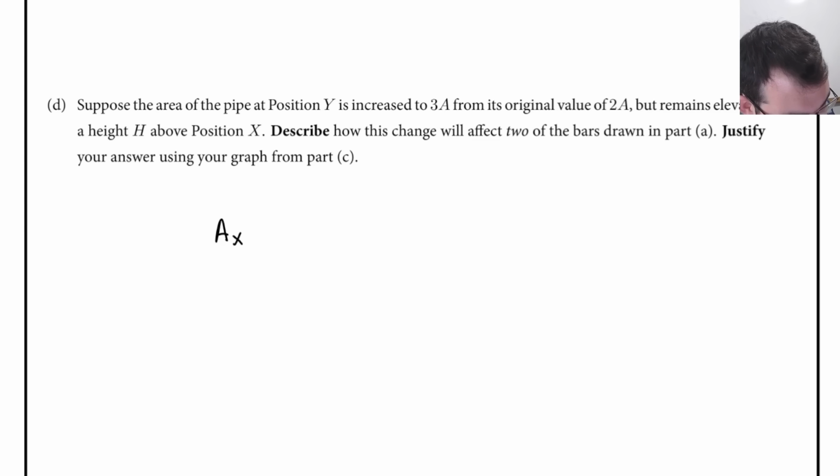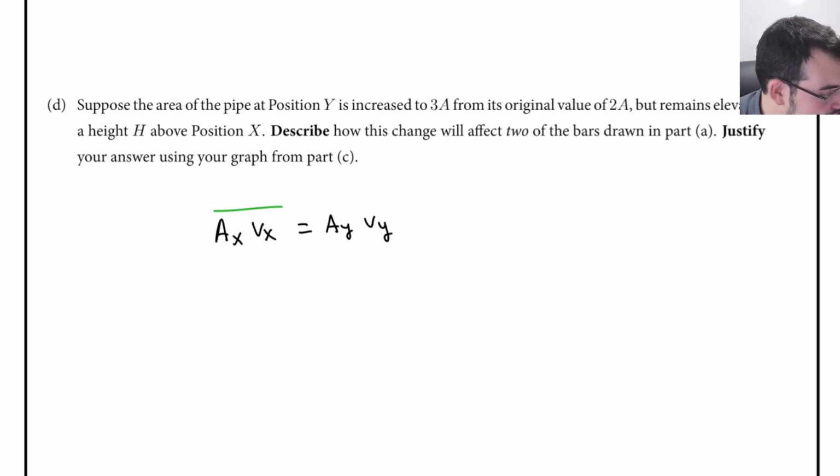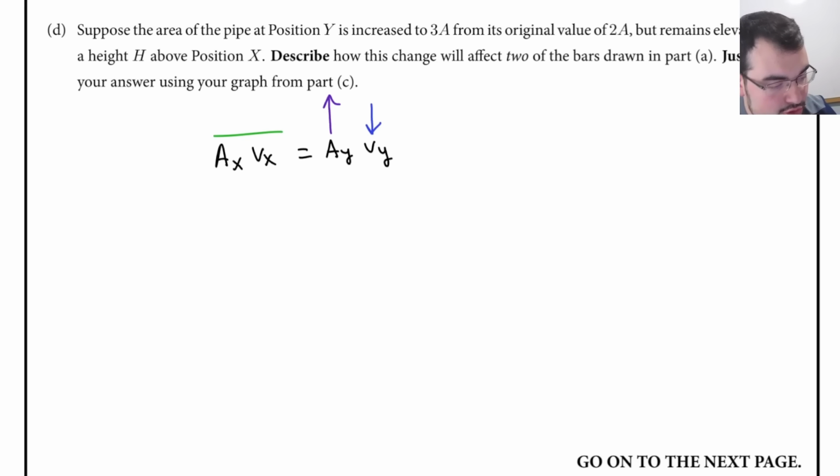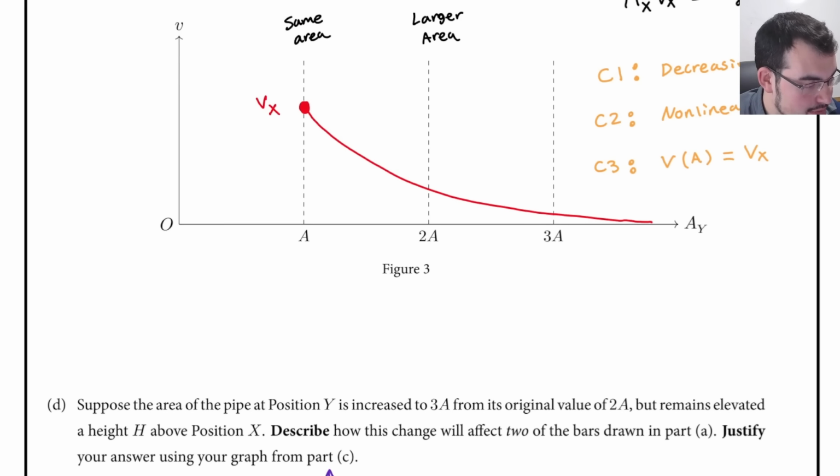So we know it's AX VX equals AY VY. So we know that this term is constant, right? AY VY must be a constant. So if you are increasing the area, you must decrease VY. So the most direct change of this is that, and we can see that from our graph, right?